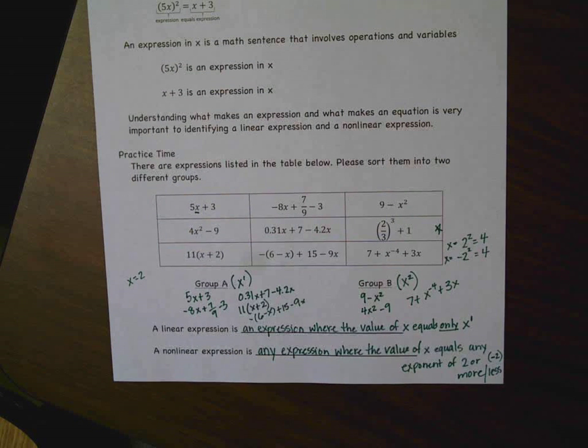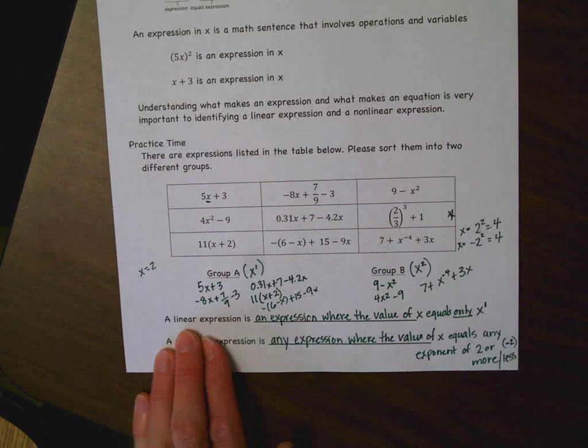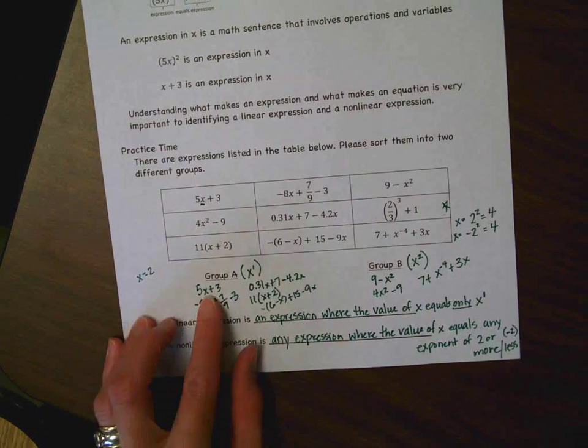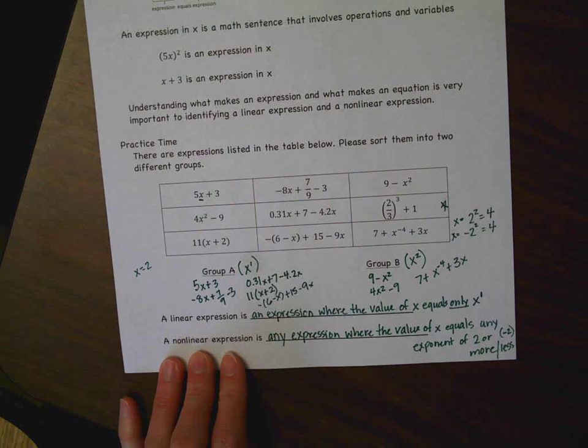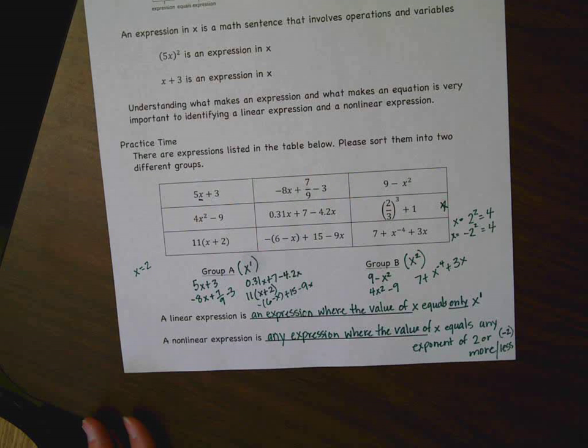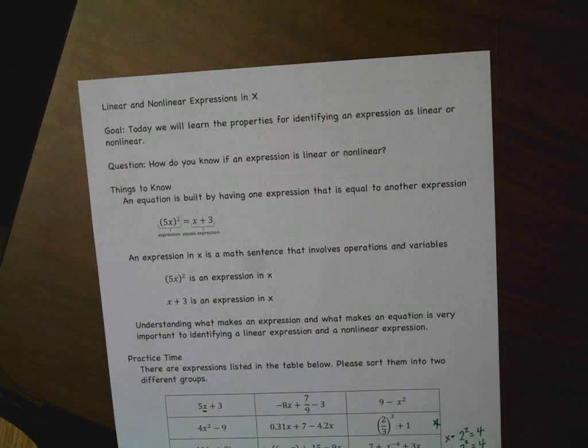We're going to play around with it a lot more to get you more acquainted with it so that you understand it better. But just know that if you're looking at a linear expression, the value of x is always only going to have the exponent of 1. A nonlinear expression is going to be where the variable has an exponent that is more than 1 or less than 1. I guess that's a better way to say it. More than 1 or less than 1, not equal to 1. Linear is equal to 1 in the expressions. Nonlinear is either more than 1 or less than 1.